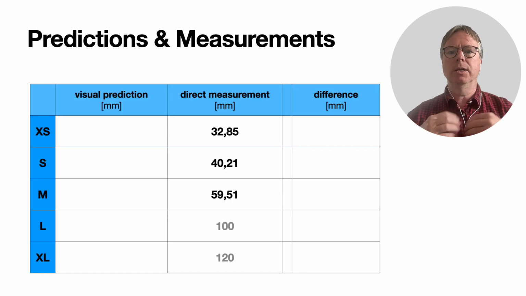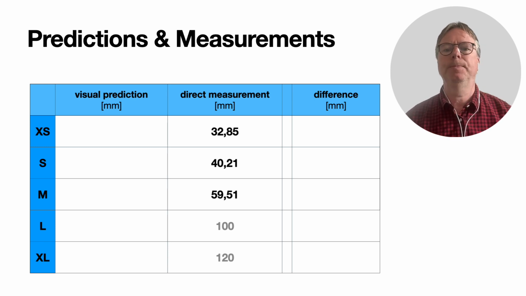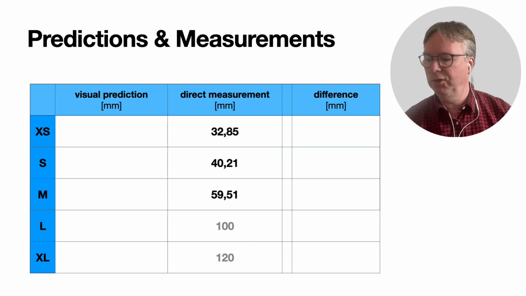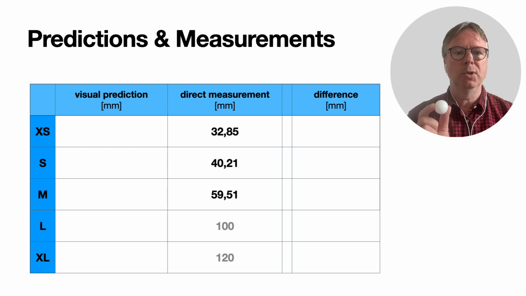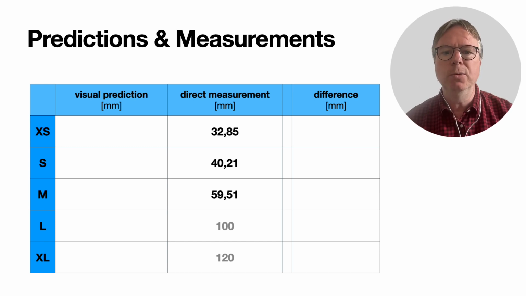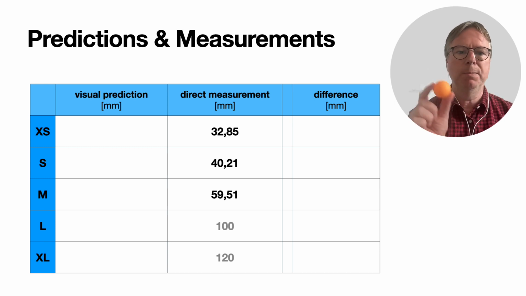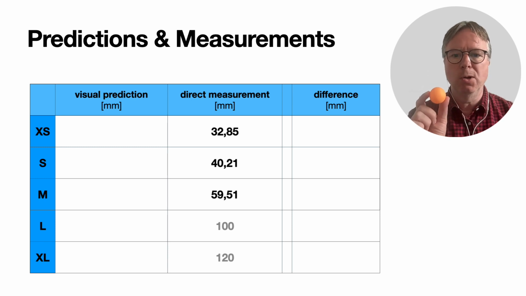And here are the prediction and measurements. First, the measurements with the caliper. It's pretty precise in the sense that there are 2 decimals expressed in millimeters. The smallest sphere is 32.85 millimeters. So that's pretty precise. The next one up, I use the white one, the ping pong ball. It's 40.21.